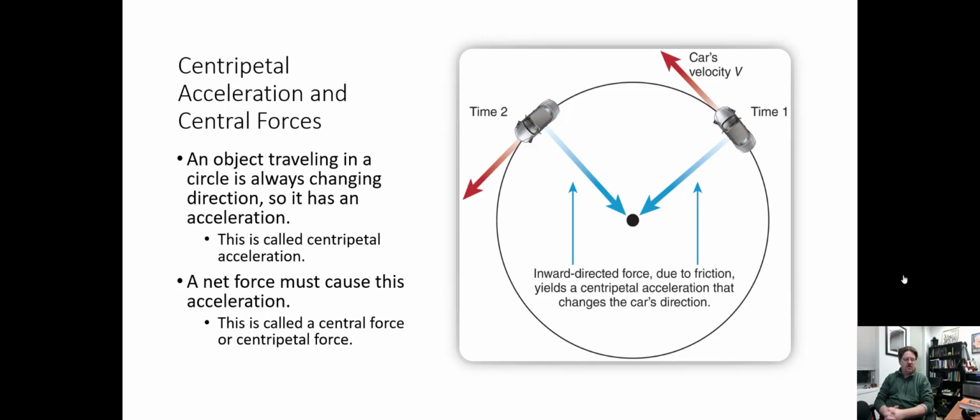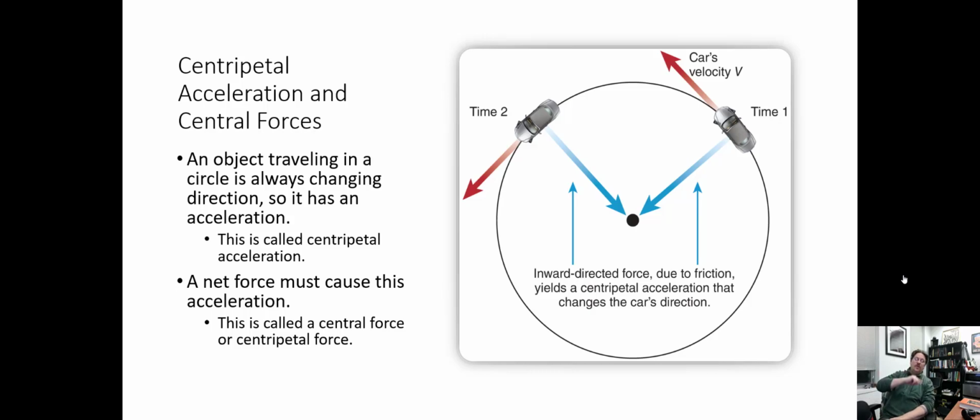For a circle, it's easy to see. It's the center of the circle. The force is perpetually pointed towards the center of the circle. For an ellipse, it is always pointed towards the focus where the mass is located.